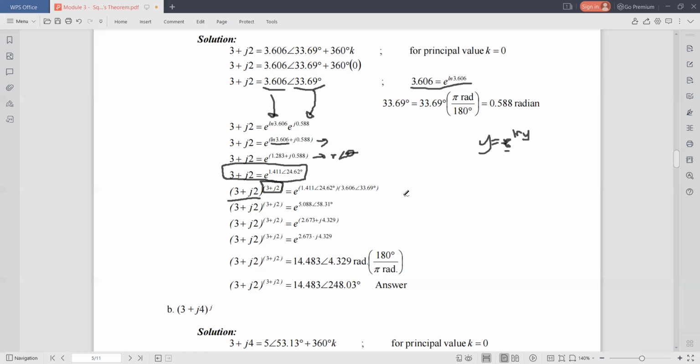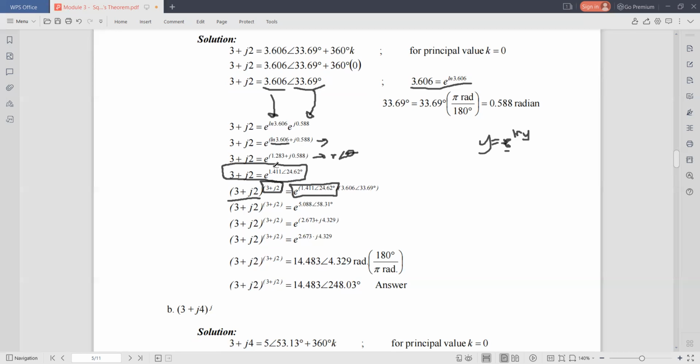So this 3 plus j2 is equal to ito. Shortcut na lang tayo. And then, of course, you have your exponent here, hinahanap natin yung principal value, di ba? This is your exponent, or your power, in complex form, which na-convert natin kanina, that is e raised to 1.411 angle of 24.62.